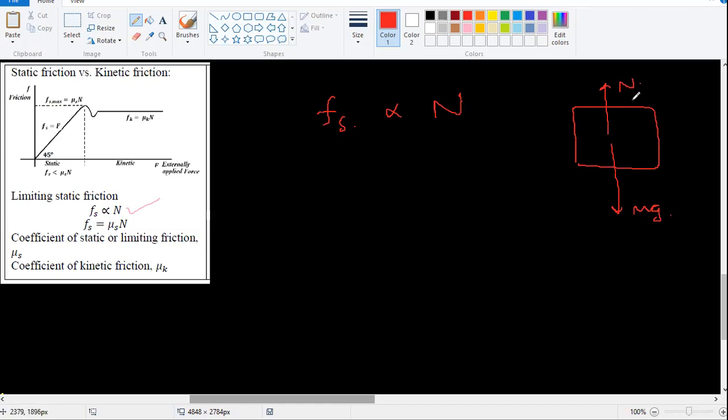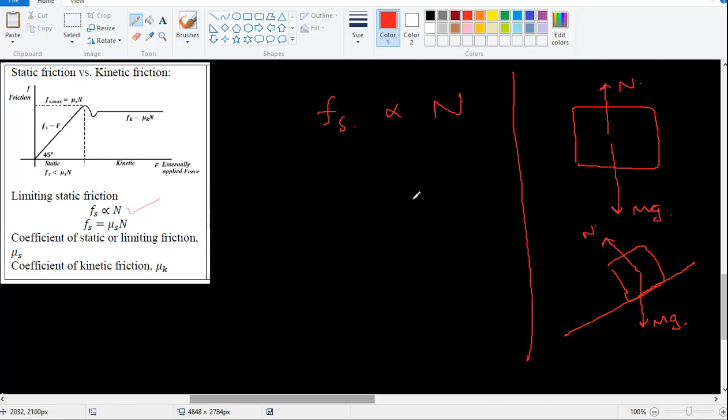Well, this and this are equal only in this situation. If you take an inclined plane, there are many other situations where the mg will be acting this way, whereas the normal reaction will be acting this way. So what the experiments show us is it's not proportional to the weight, it is proportional to the normal reaction. Very important, so take it down properly. Fs is not proportional to the weight, Fs is proportional to the normal reaction.